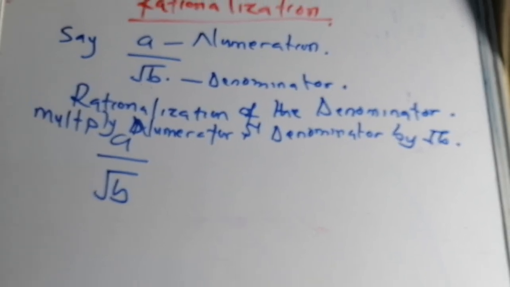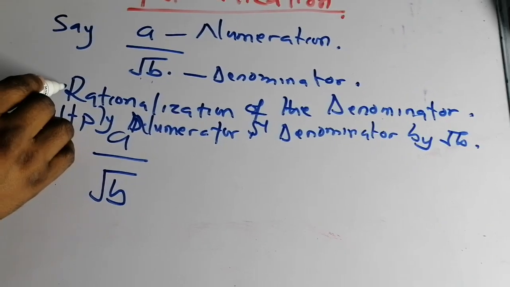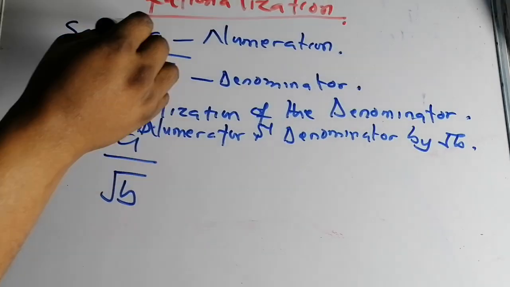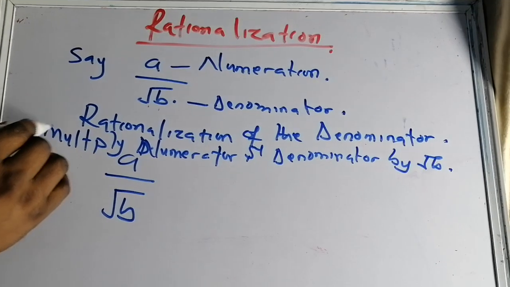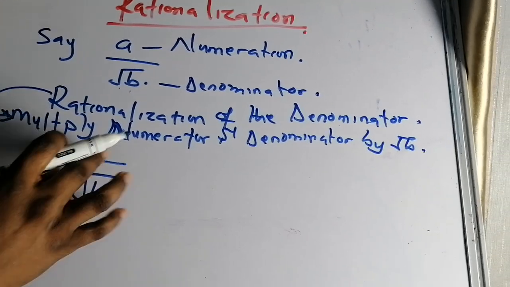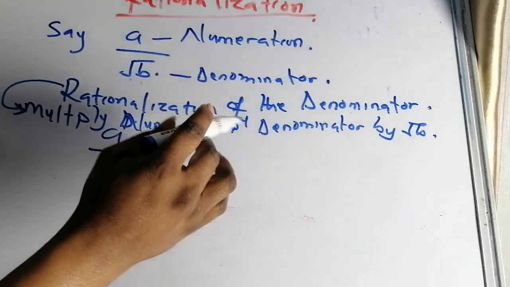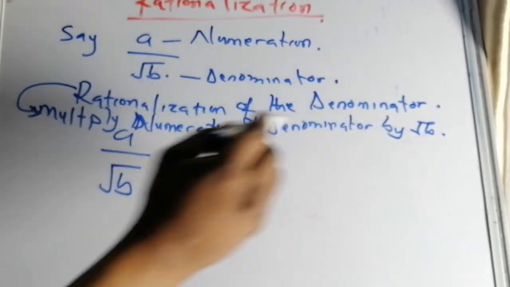That is how we rationalize. So to rationalize the question above, a over root b, we multiply numerator and denominator by root b.